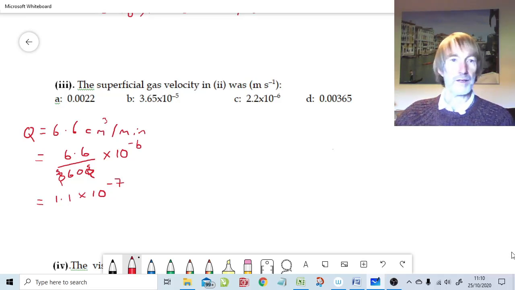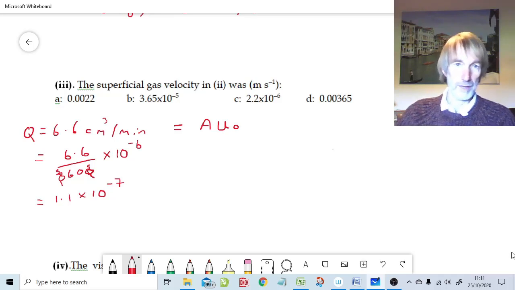The next bit is a little bit more complicated, because we have to use continuity. We know that the volume flow rate is equal to the cross-sectional area times the velocity. Okay, and we actually use U0 for superficial velocity, so I'll use U0 here. And that's the continuity equation.